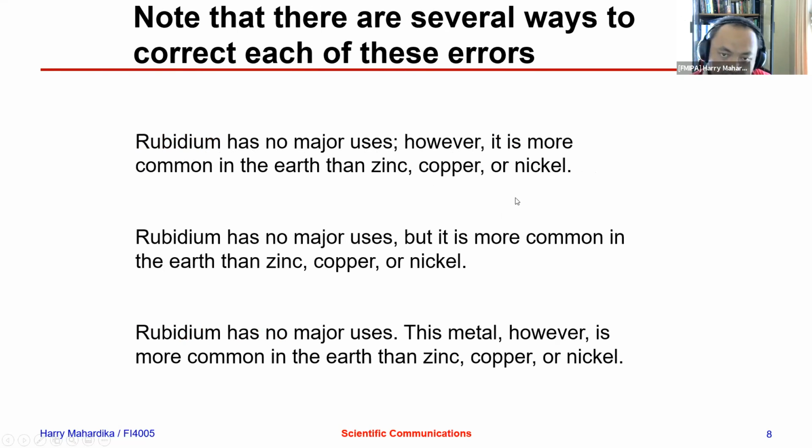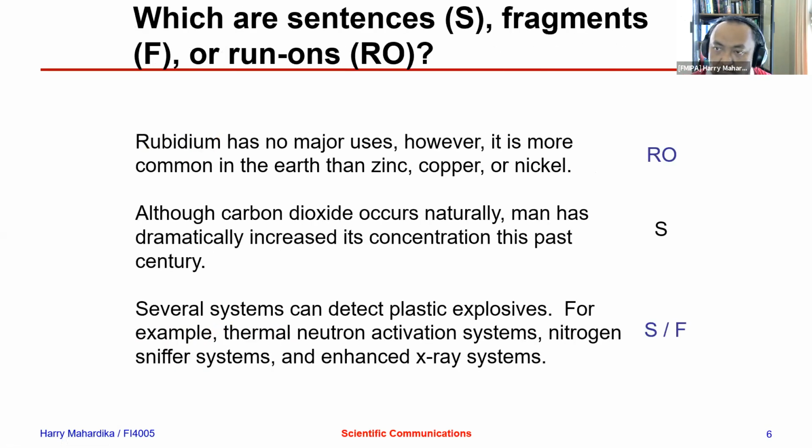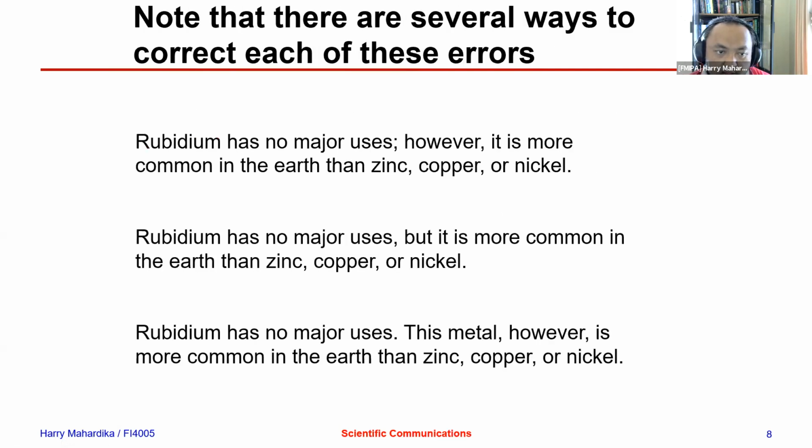So in the original format, we use double comma, but now we use semicolon. And then we can also write like this one: "Rubidium has no major uses, but it is more common in the earth than zinc, copper, and nickel," instead of "however." Or the fourth alternative is to write "Rubidium has no major uses." Period. And then we make another sentence: "This metal," which refers to rubidium, "however, is more common in the earth than zinc, copper, and nickel."